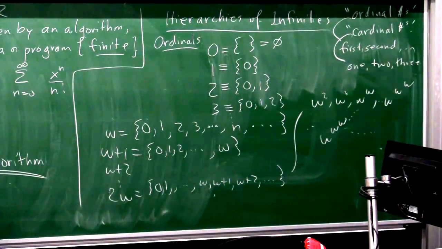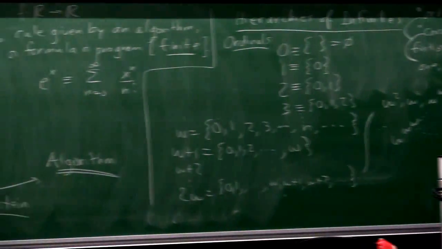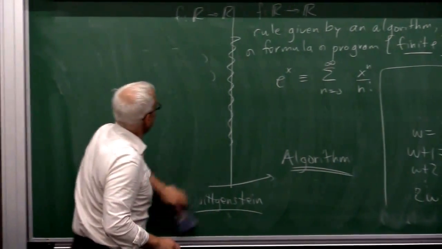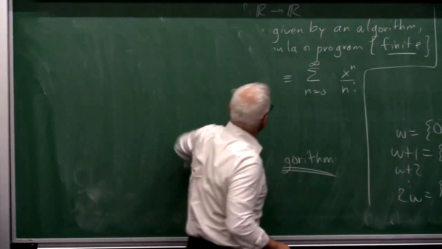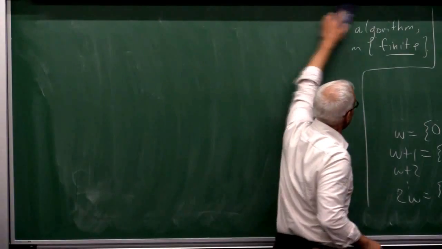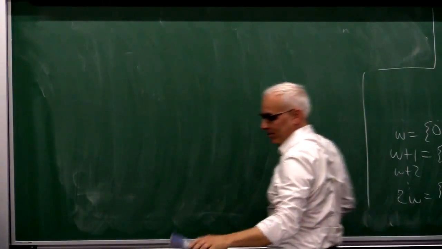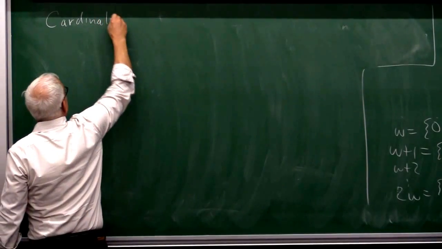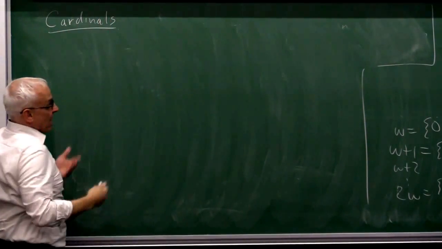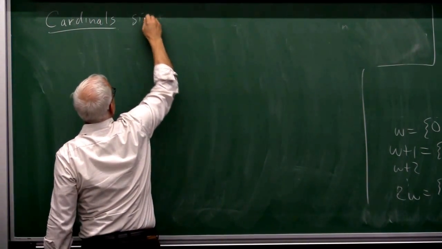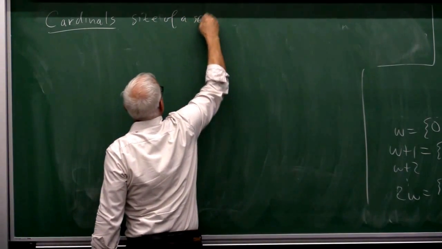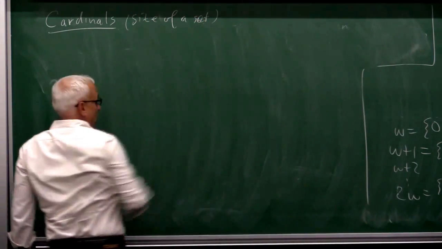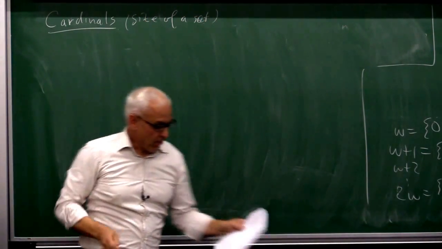Okay, there were also cardinals. Cardinals were something different. Cardinals were ways of measuring sizes. Those are ordinals. There are also cardinals. Okay, so cardinals represent the size of sets. Well, we have finite sets.